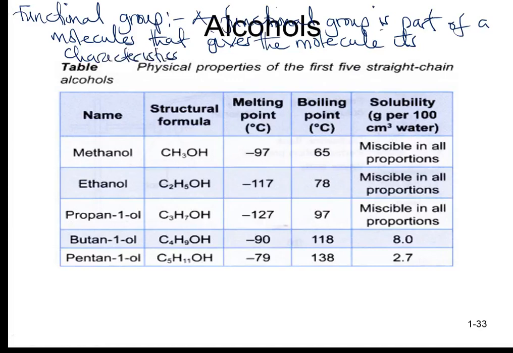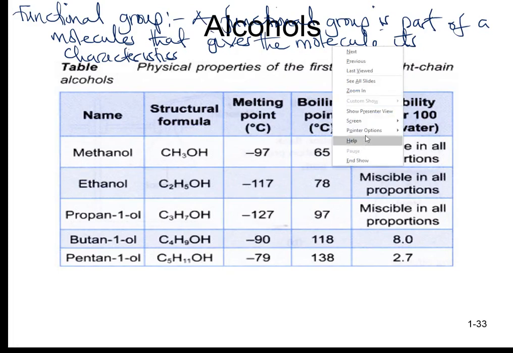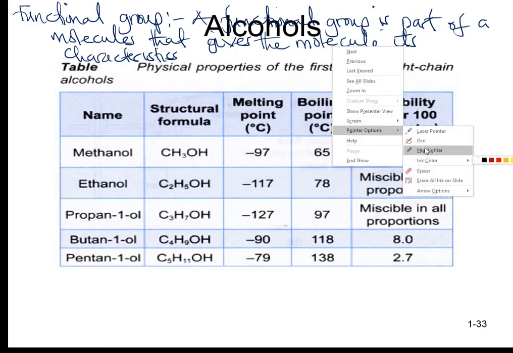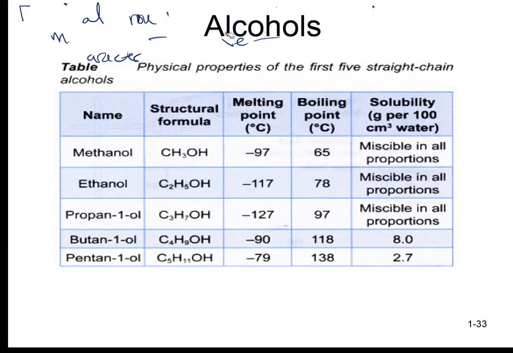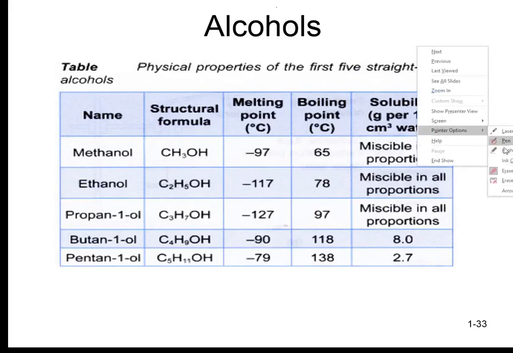Now, when we talk about functional groups, one type of molecule that has functional groups is called alcohols. So please make sure to write this definition again. So alcohol is an organic compound that has a functional group. The functional group of an alcohol is OH.